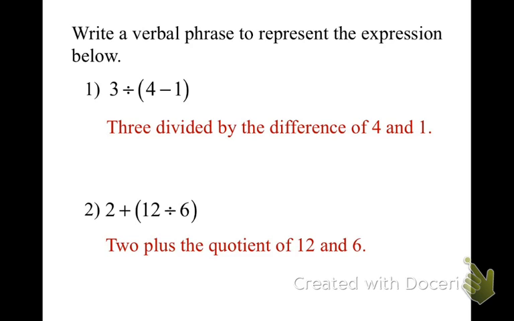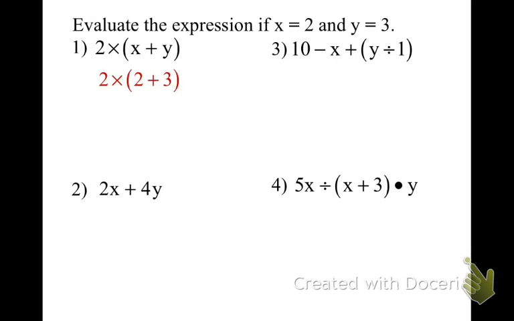All right, evaluating. Evaluating means to find the value. So the first thing we do is substitute in. We always write the original expression. Step 2, we evaluate by substituting. So x is 2, y is 3, and then we simplify using our order of operations.